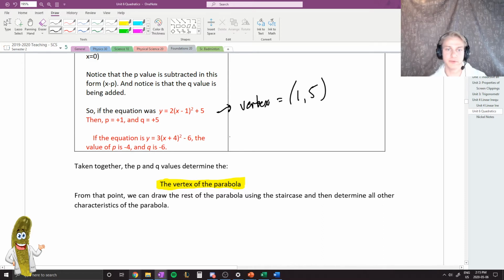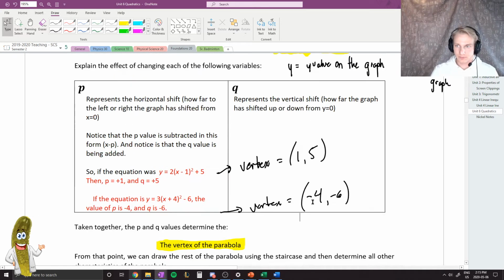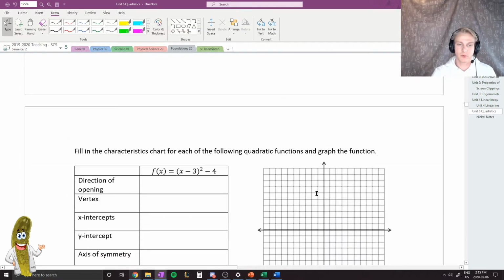That would be the vertex of our quadratic. In this second example, the vertex would be equal to negative 4, negative 6. All right. So that's our first little equation there, and all the background information that we need to know for going through this lesson.